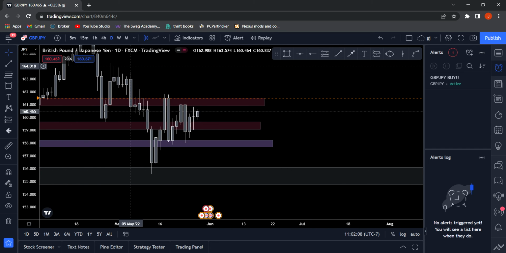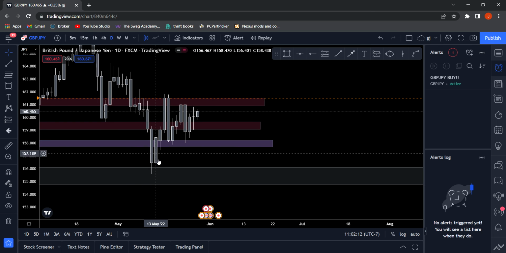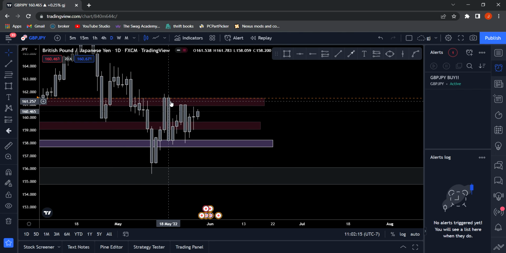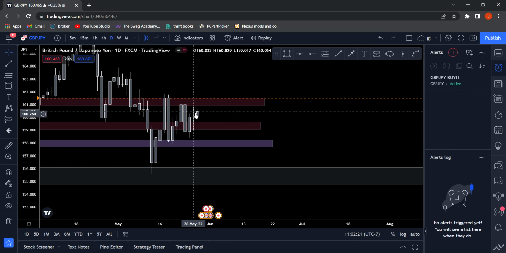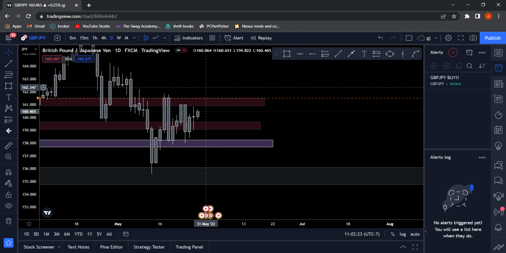It broke, retested, came all the way down here, retested again for the second time, made a higher low, retested for the third time, made an equal low, and now it's coming back up for the fourth time.